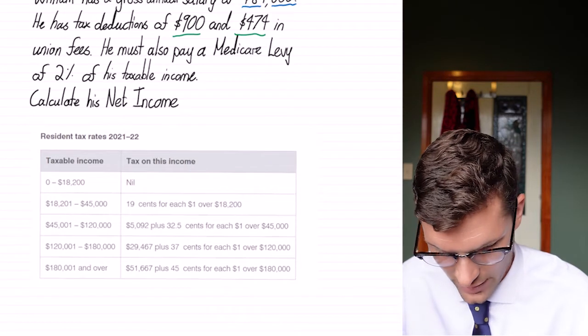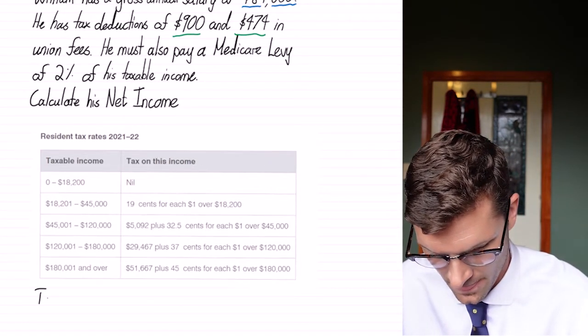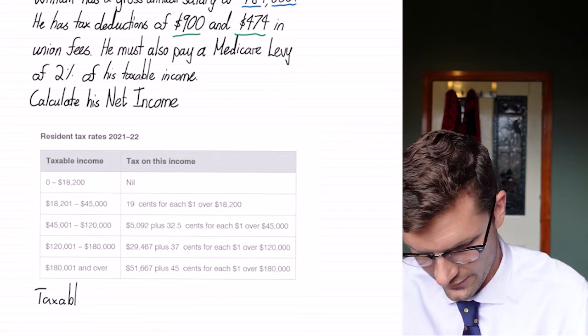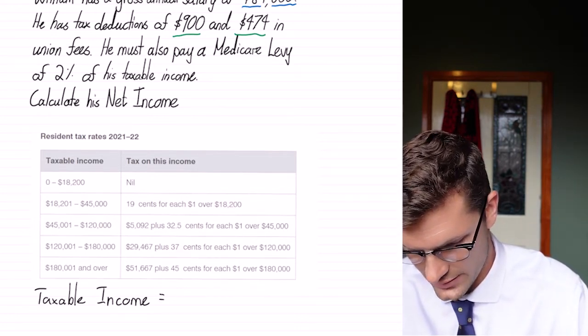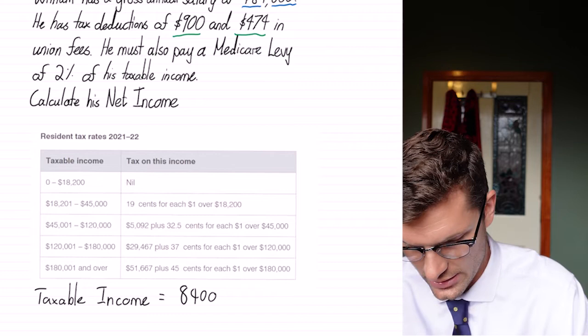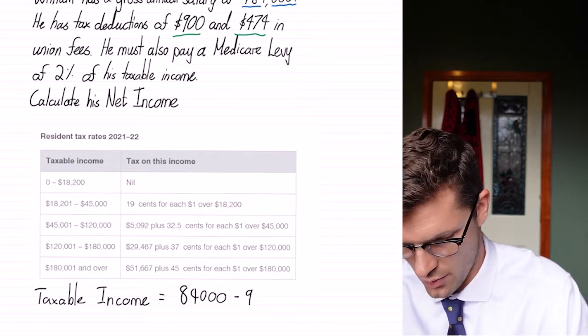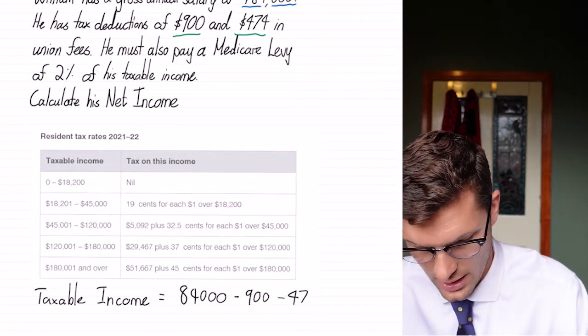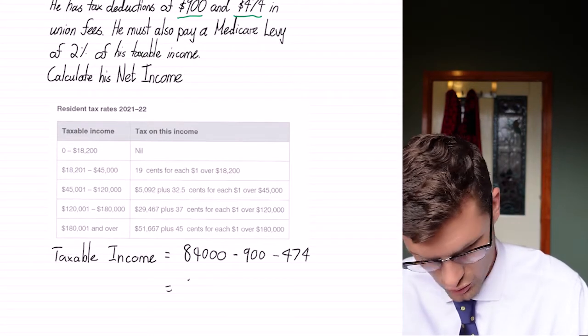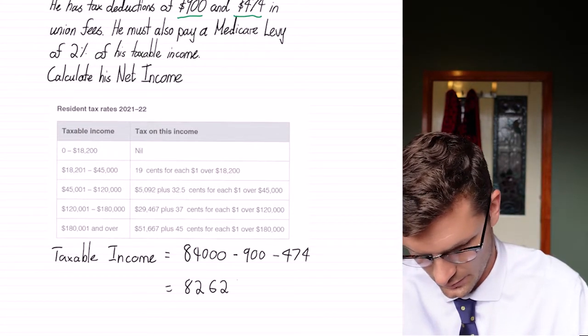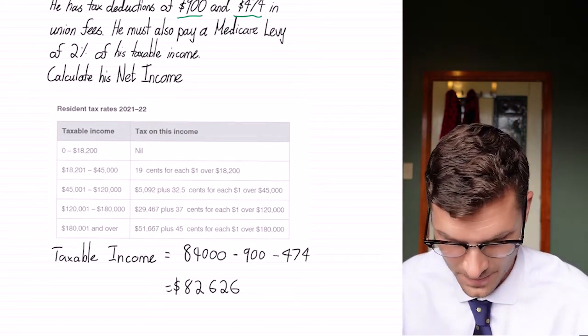So to find out taxable income, we have to take our salary or our gross of $84,000 and minus $900 and minus $474. And if you throw that into the calculator, you're left with $82,626, which is quite a fun number.